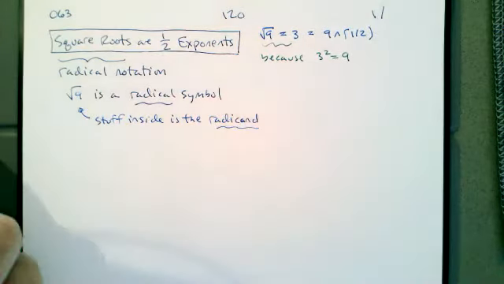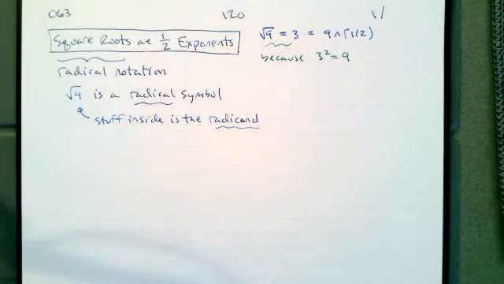The stuff inside is called the radicand. And this radical symbol is specifically a square root. And we don't have to index a square root. So we need to introduce other kinds of radicals.